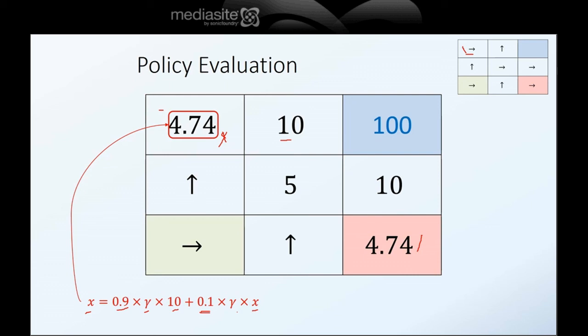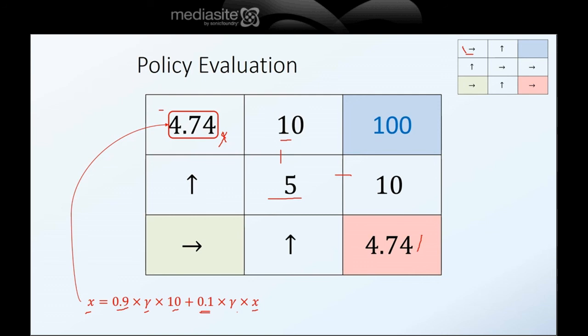And the value of this state turns out to be 5, because either up or right you land up with a probability of 0.1 and 0.9, or 0.9 and 0.1, you land up with a state with a value of 10.